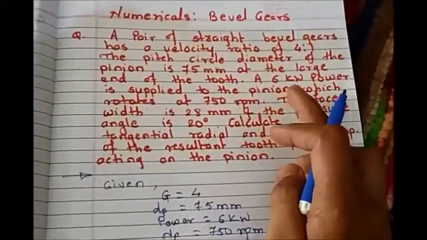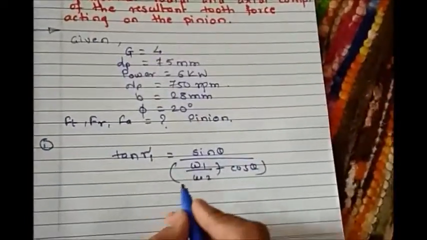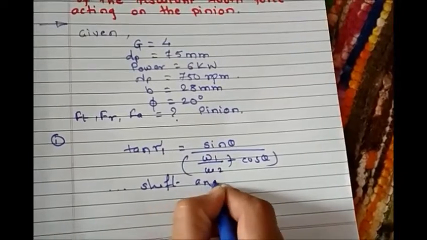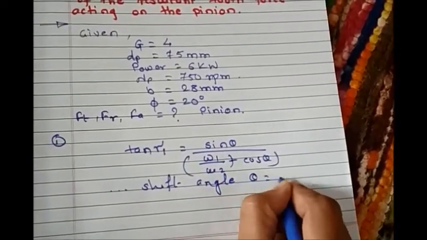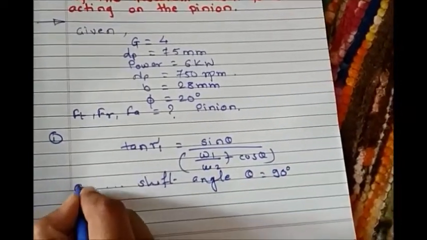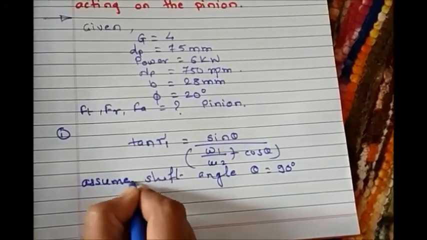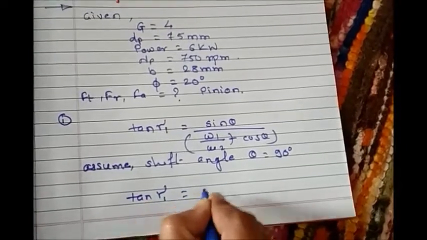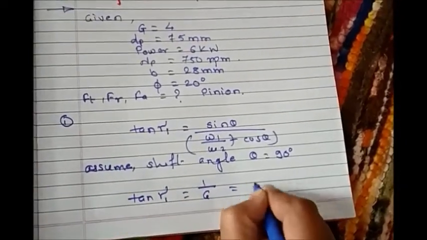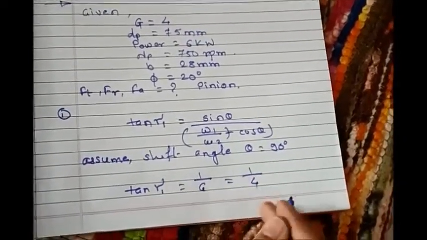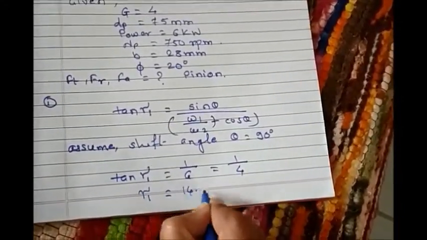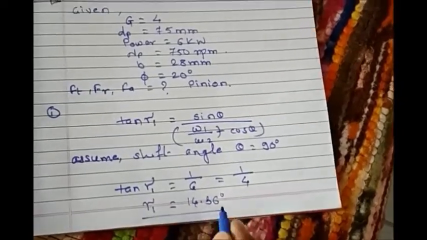But the shaft angle is not given in the statement, so we assume that the shaft angle theta is equal to 90 degrees. So we get tan of gamma 1 is equal to 1 upon g, and 1 upon g is 1/4, so gamma 1 is equal to 14.36 degrees.